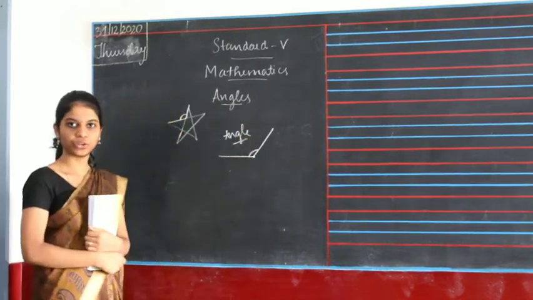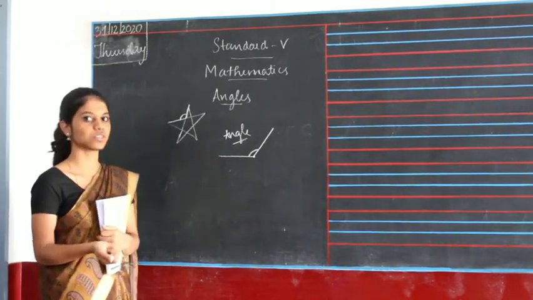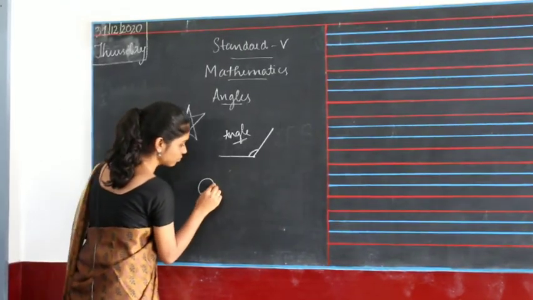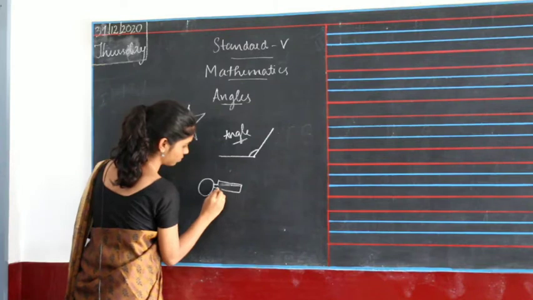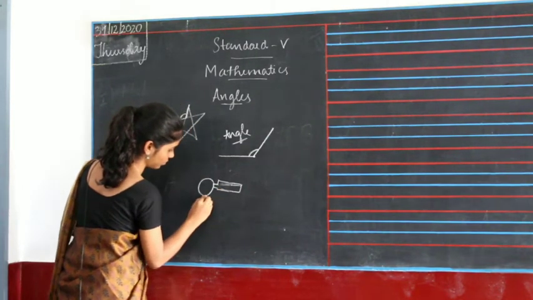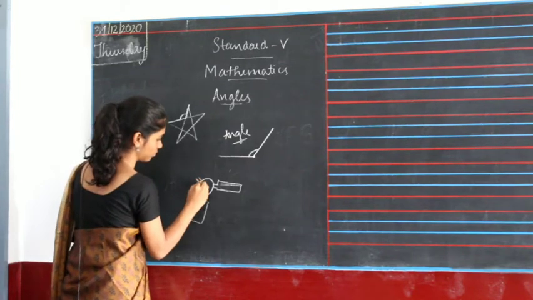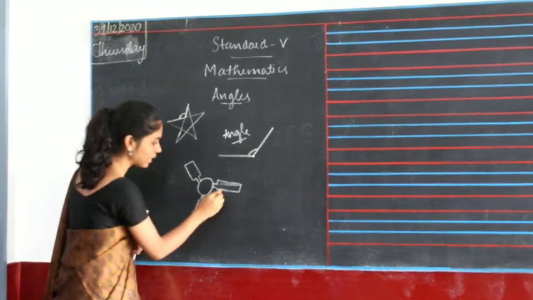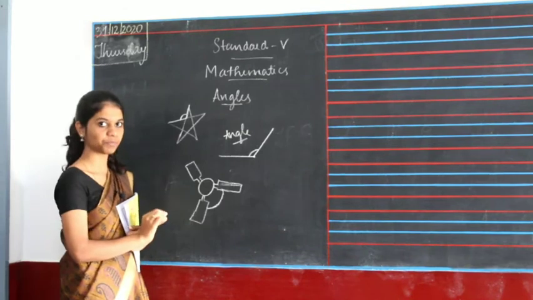If you look around you, you can find more objects having angles. For example, a fan. If this is a fan, there is an angle between these two wings, right?